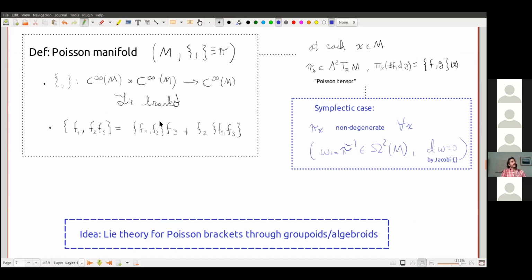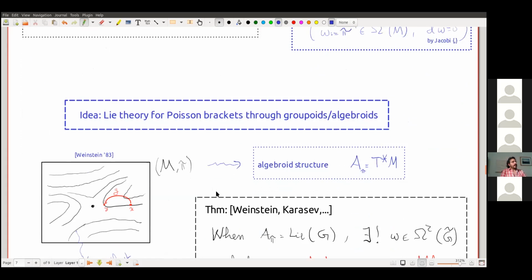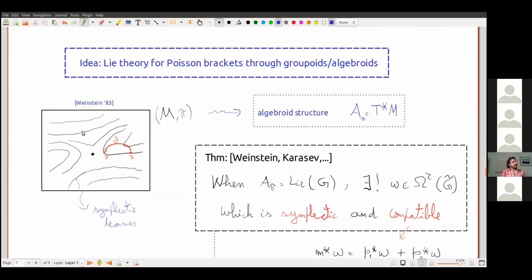But if you remember this derivation, this infinitesimal nature of the brackets, you can do something more refined, and instead of considering groups, you consider groupoids, which are finite dimensional. And the picture is a bit like this. The geometry of a Poisson manifold was described in this paper. It can be very complicated.